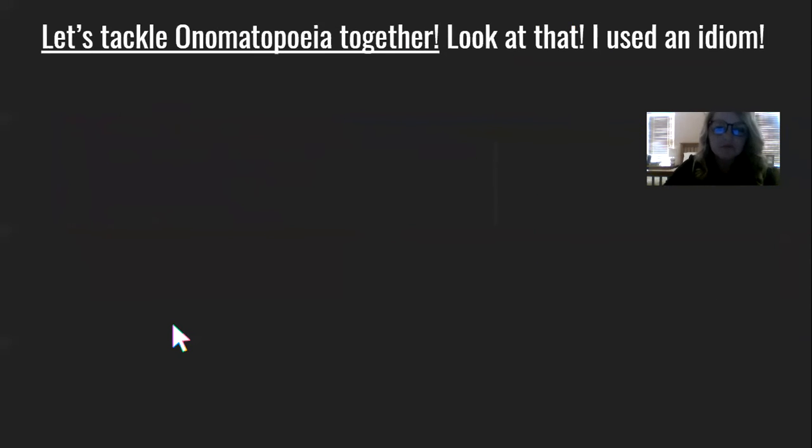Okay, now we're going to get to that crazy word, that really weird word that we just look at and we think, that is a lot of vowels in one word. How can that even be a proper English word, right? Because look at all those vowels together. So let's tackle onomatopoeia together. And look at that, I used an idiom.